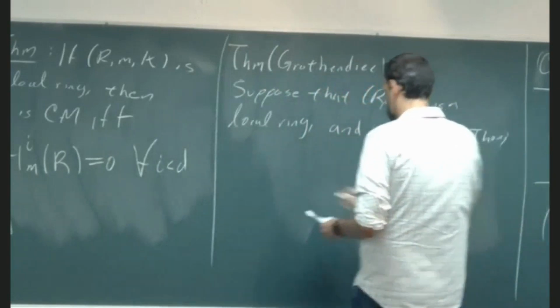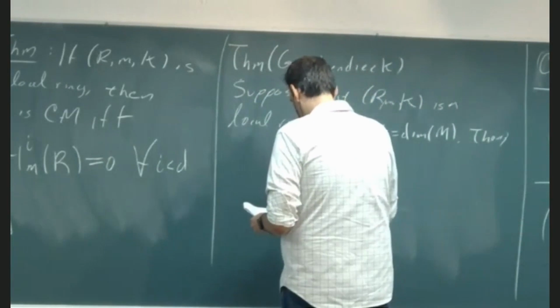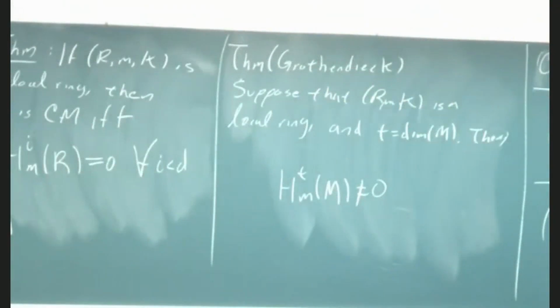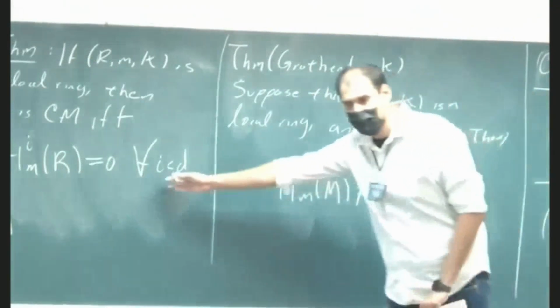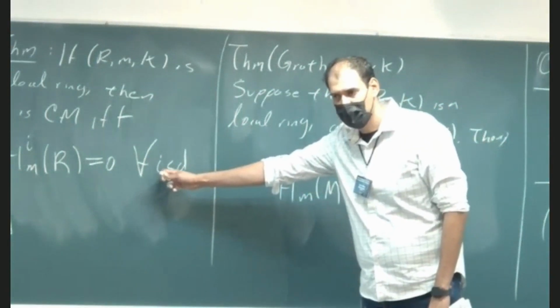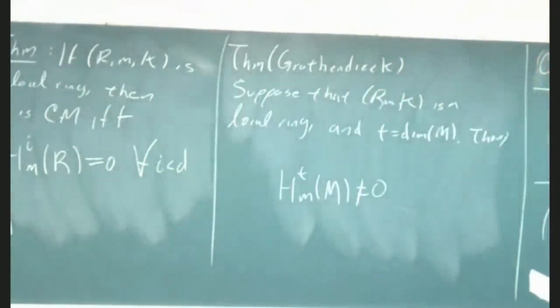Then H^t of M is different from 0. So this makes sense. We know that at the dimension of the ring, this is not going to be 0. Cannot be 0.